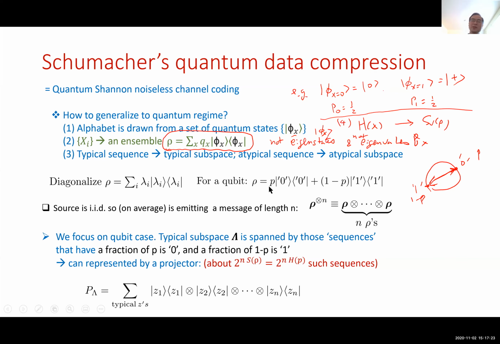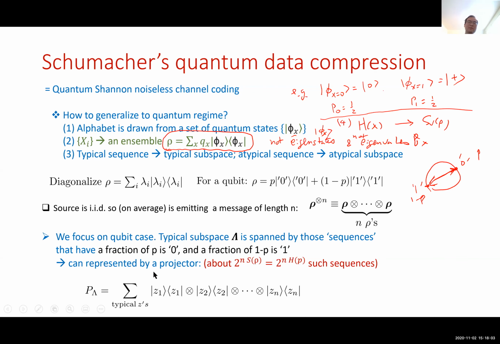In this particular diagonalized basis, the eigenbasis, these would form typical sequences, right? And I can write a projector. So basically, if z1, z2, up to zn are just the 0s and 1s that appear with the correct distribution, right, a fraction p is 0 and a fraction 1 minus p is 1, then I define these as a typical subspace. This projector is onto the typical subspace.